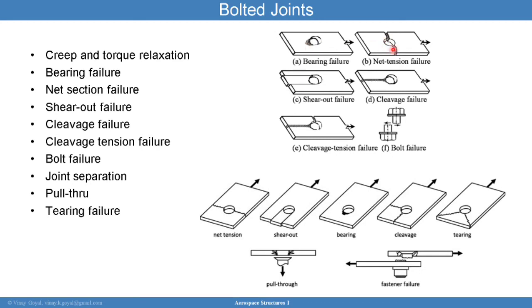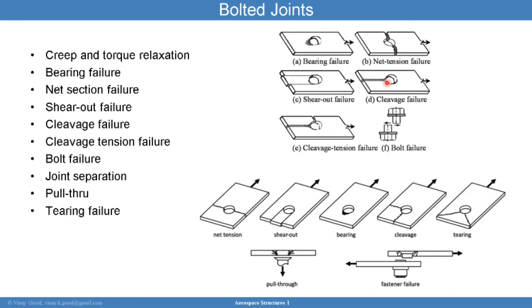Net section failure is a clear failure mode where the section fails. It fractures. You could also have a situation of a shear out failure mode where a section parallel to the loading action causes the bolt to snap out with some material ahead of that bolt.